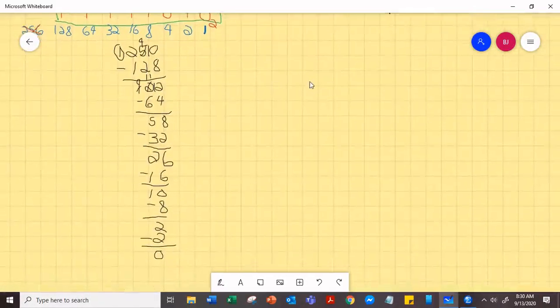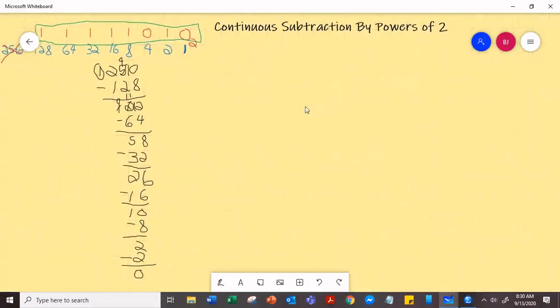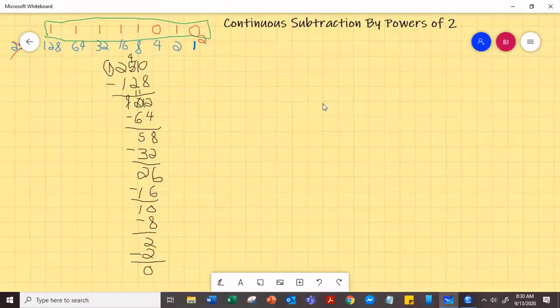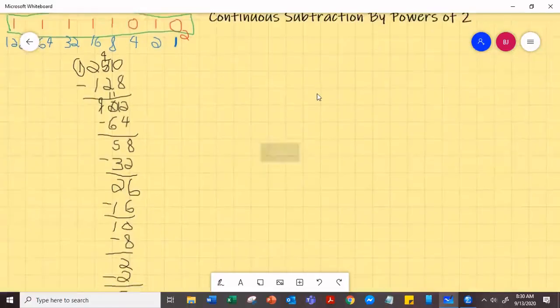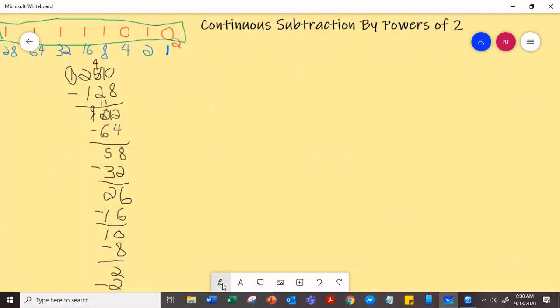Next, let's have our next example. So this time around, let's have 73 as our example here. So as always, we put in the powers of 2.